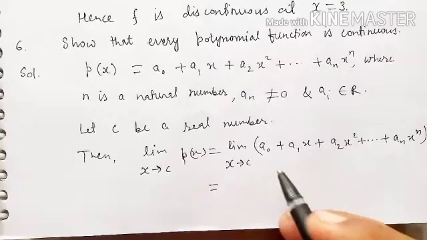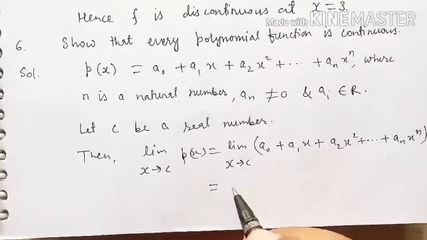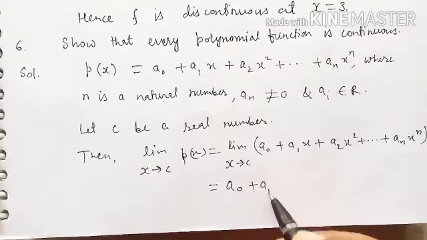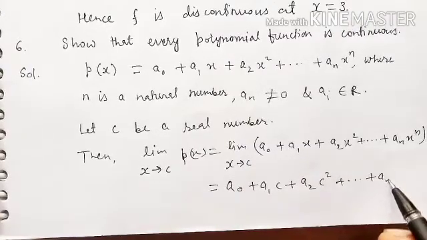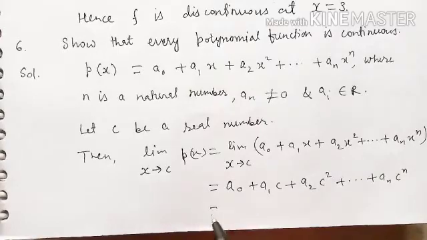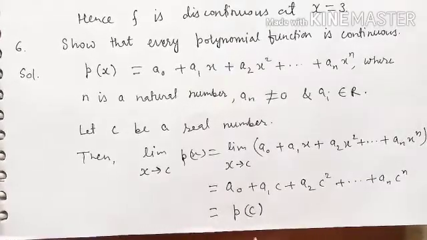We put the value x equal to c, and we have a0 plus a1c plus a2c square dot dot dot plus an c to the power n. This is p(c), the value of the function at c. So the limiting value of the function is equal to the value of the function at c. Hence the result.